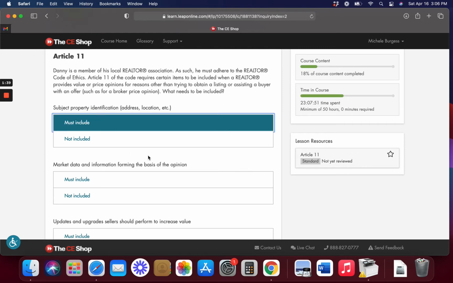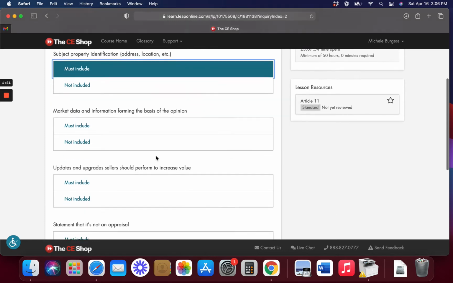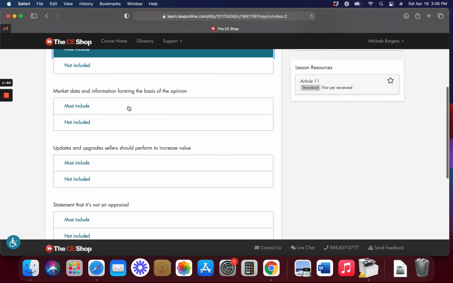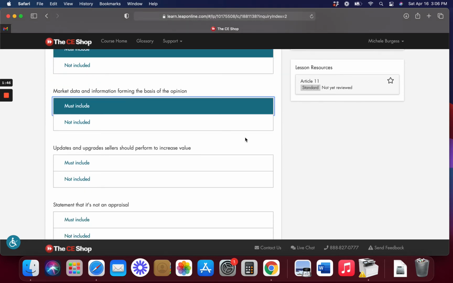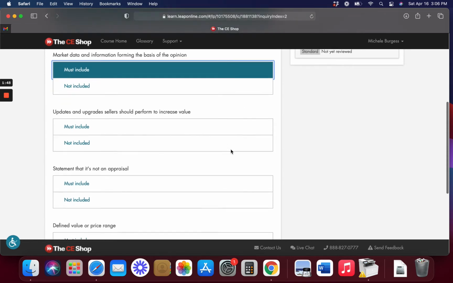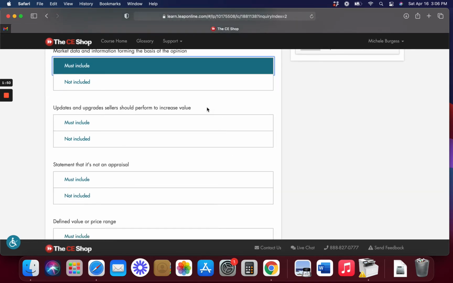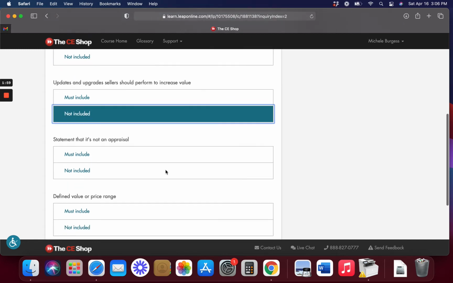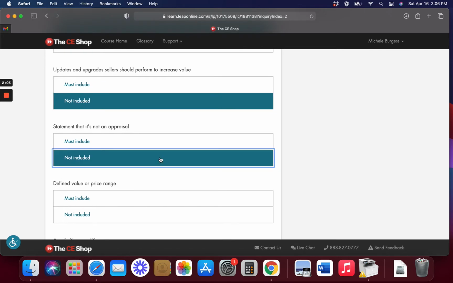You must include the address and location. You must include the market data, where you came up with your opinion. Updates the seller should perform to increase value? I don't know if that should be included. A statement that it's not an appraisal? I don't know about that.